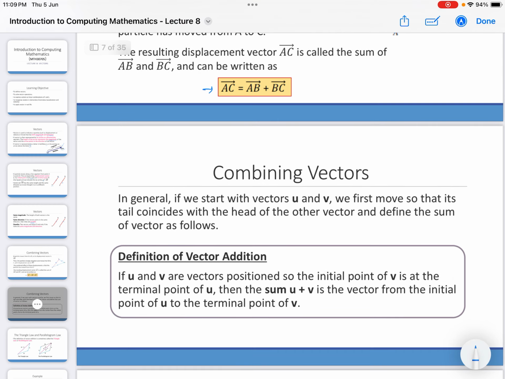In general, if we start with vectors U and V, we first move V so that its tail coincides with the head of the other vector, and define the sum of the vectors as follows.